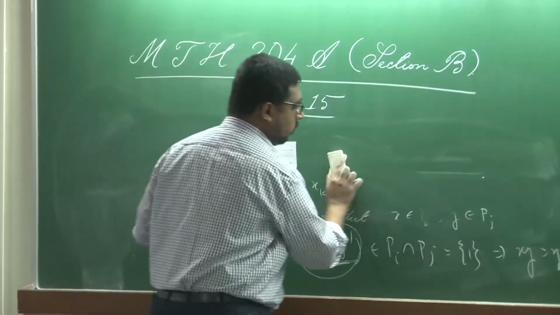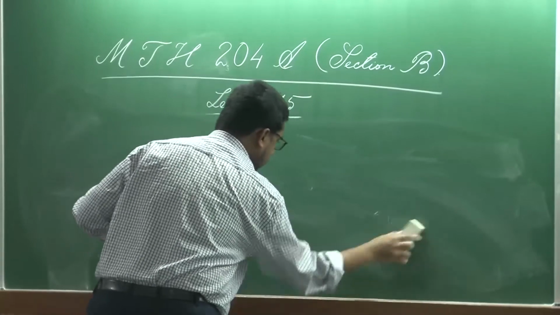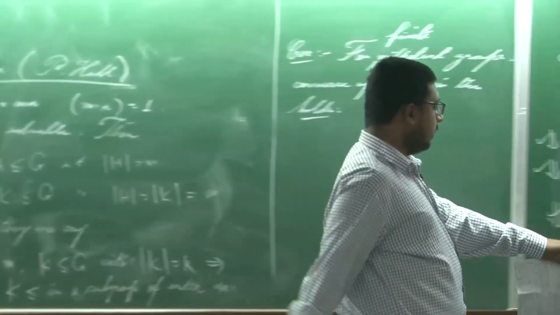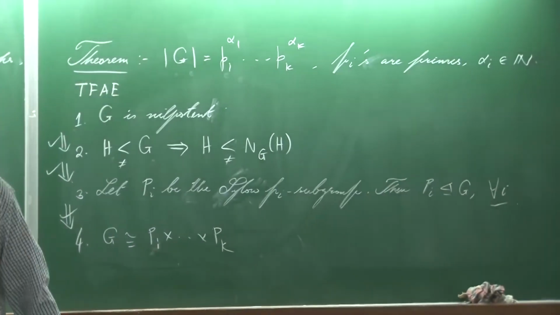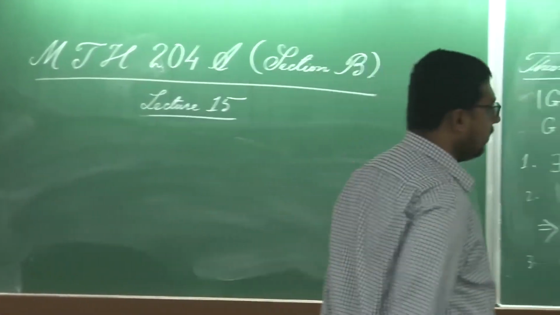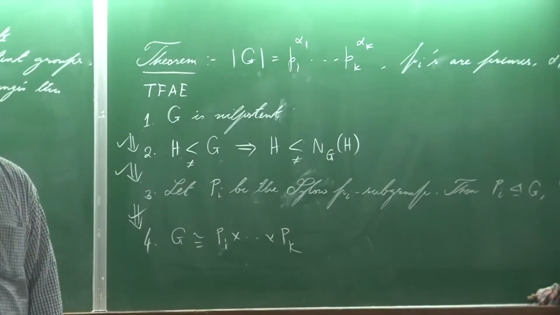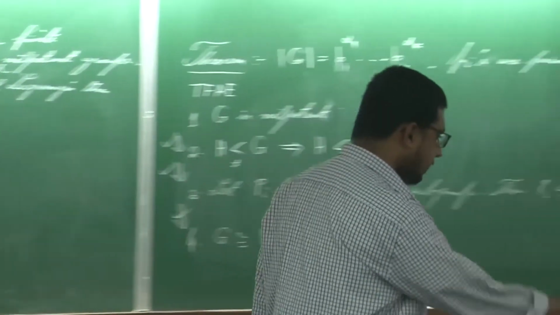Now let's come to what we were talking about a few minutes back. I just said that such a nice classification, that every finite nilpotent group has to be a product of p-groups, does not help us much to classify all finite nilpotent groups, because classifying p-groups is quite a difficult task.